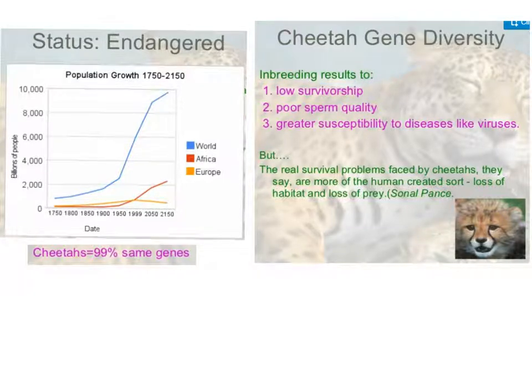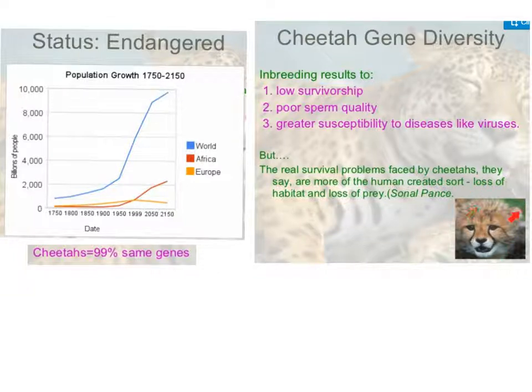And inbreeding results in a decline of gene quality, low survivorship, poor sperm quality, and greater susceptibility to diseases like viruses. But the real survival problems faced by cheetahs, they say, are more of a human-created sort, loss of habitat and loss of prey.